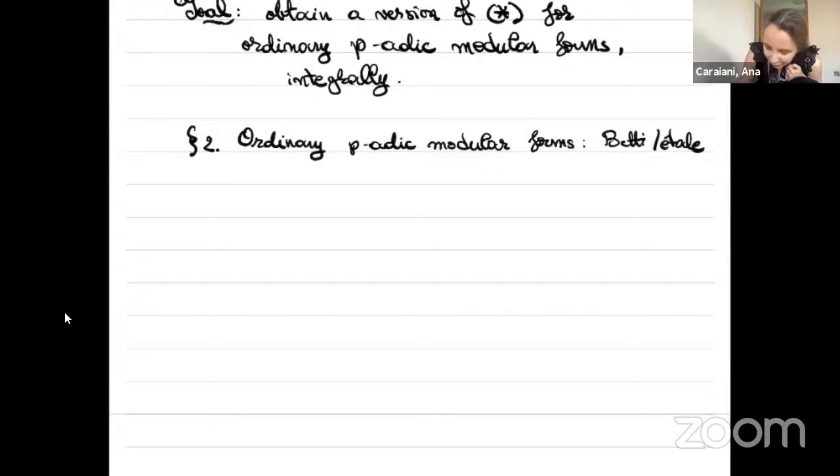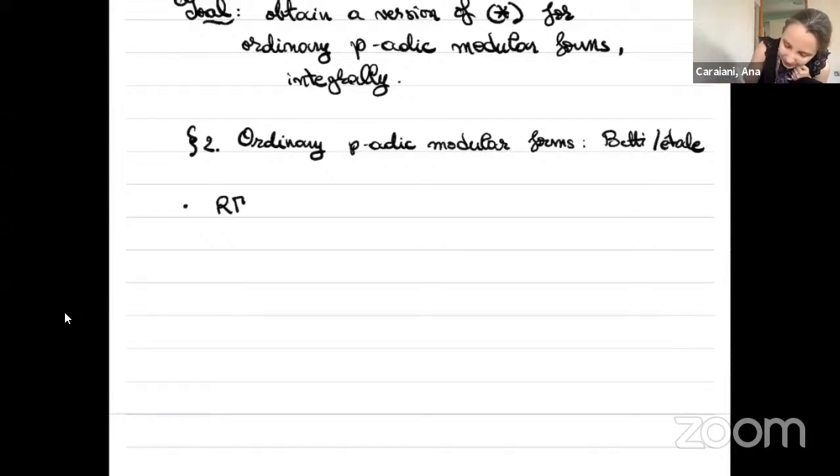I have my preferred approach, which is to use ordinary completed cohomology. One can also study these things using modular symbols. But I'm going to use the approach using completed cohomology, which goes back to Hida and was developed more by Emerton. So let me define, I mean, one can do this in a fancy way and one can do it in a very concrete way.